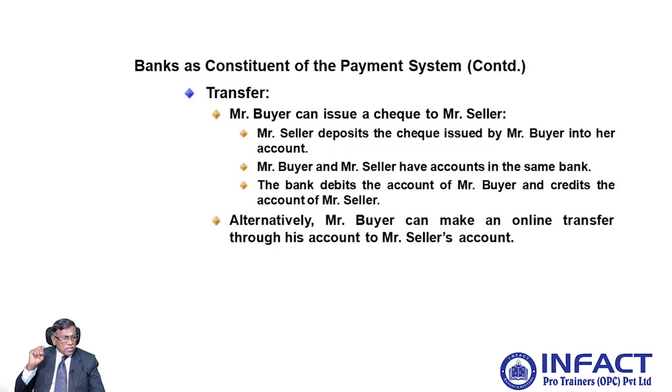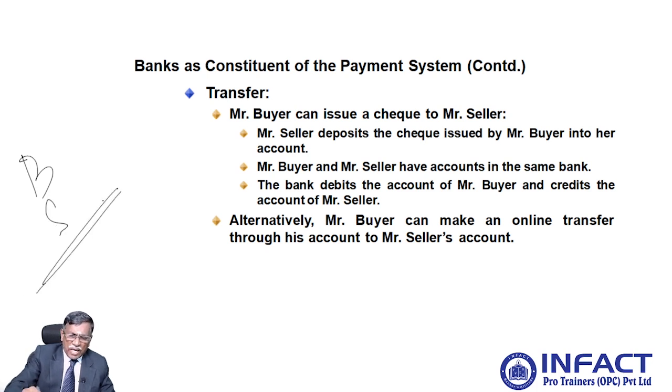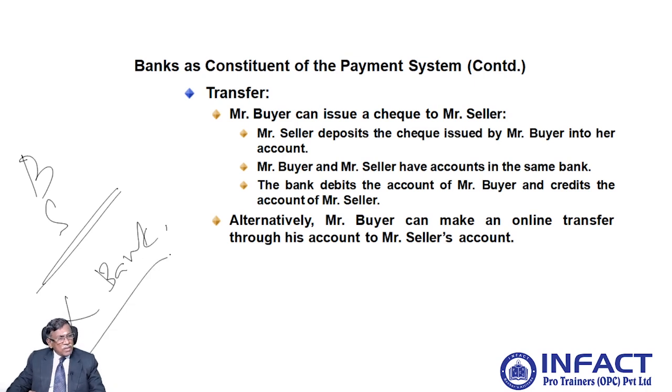Now, let us talk about transfer. Let us assume that this buyer and seller, both of them, have an account with X bank. So the buyer and seller both have an account in X bank.